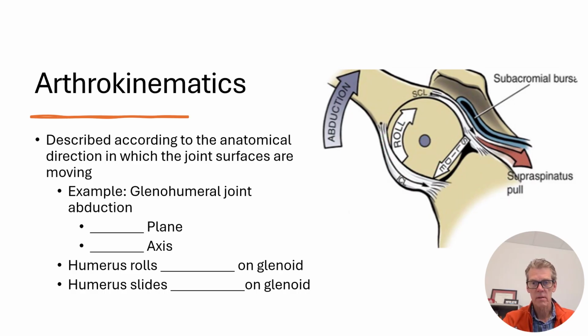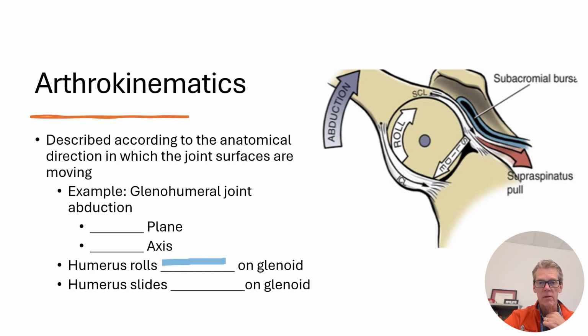I'm going to erase these things here. But now what you'll see in this picture, during abduction, the osteokinematic motion is raising the arm up and overhead. The humeral head is rolling superiorly. The humerus is rolling superiorly on the glenoid, right? The car is driving upward and rolling superiorly on the glenoid, and it's sliding or gliding inferiorly in the opposite direction.